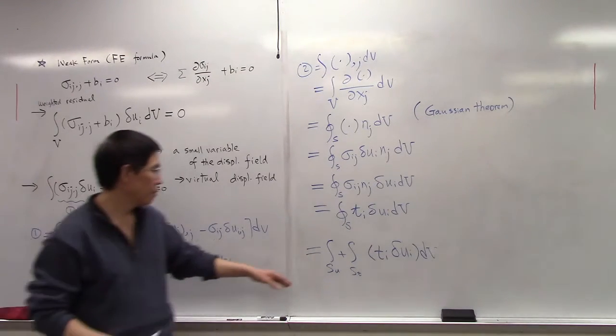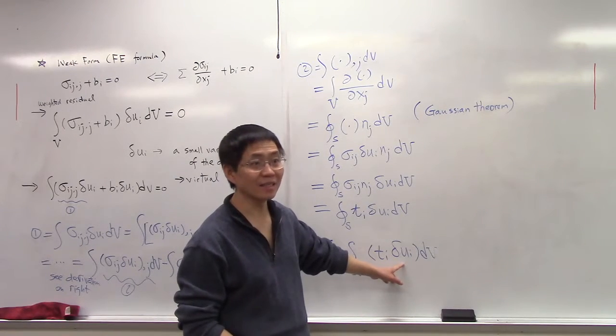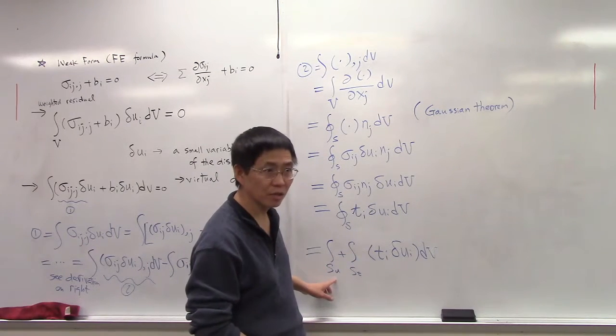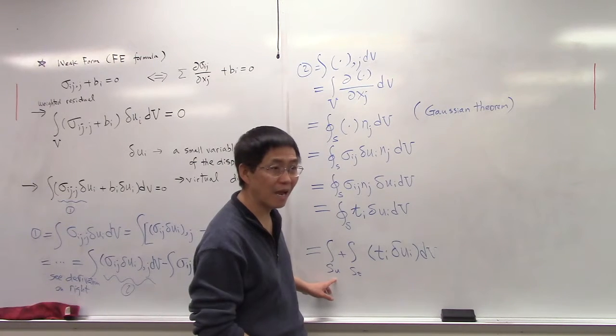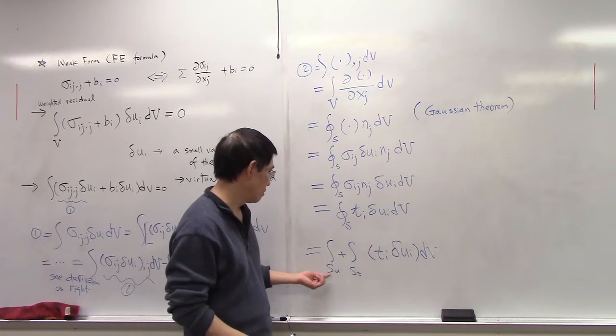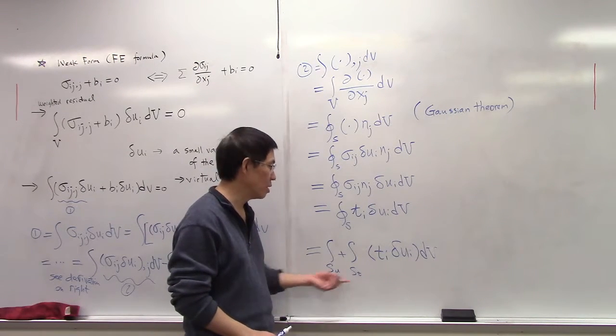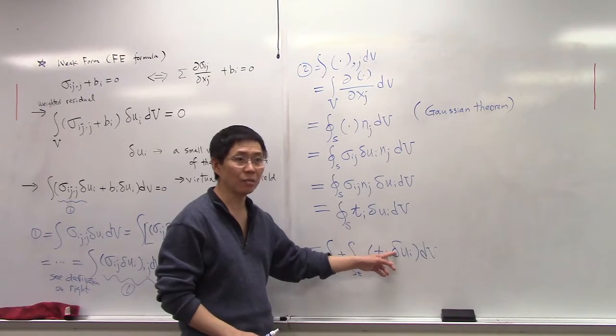However, we said any weighting function must vanish on the essential boundary condition to be eligible as a weighting function. Okay? Therefore, when the integration is over the essential boundary, delta u_i is 0.